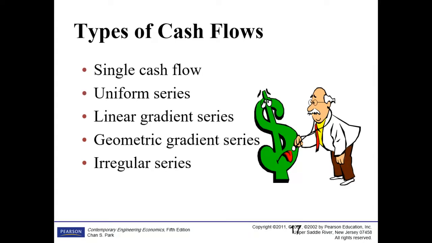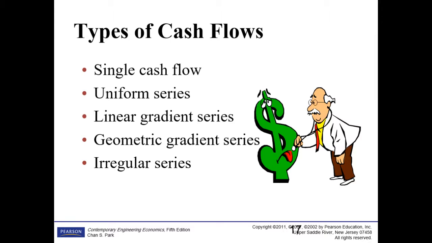let's move forward to types of cash flows. In different projects and different situations, you will have different types of cash flows. Now, what are the cash flows? You may have a single cash flow, meaning one amount. Let's say we invested 10,000 in a project today, and after 5 years, how much will be the value if the profit is 5%, as an example.